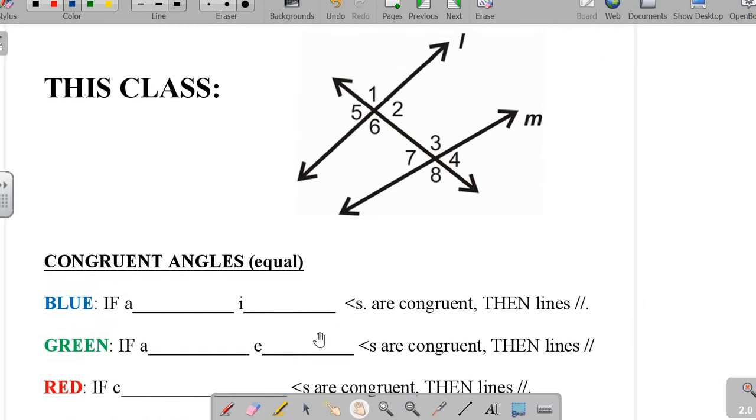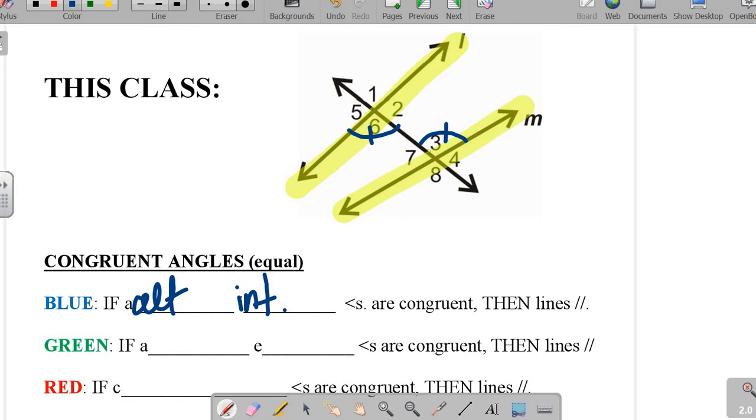In this diagram, lines L and M don't look parallel. But if you were told angles 6 and 3 are congruent, alternate interior angles, then lines L and M would have to be parallel, even though they don't look like it.